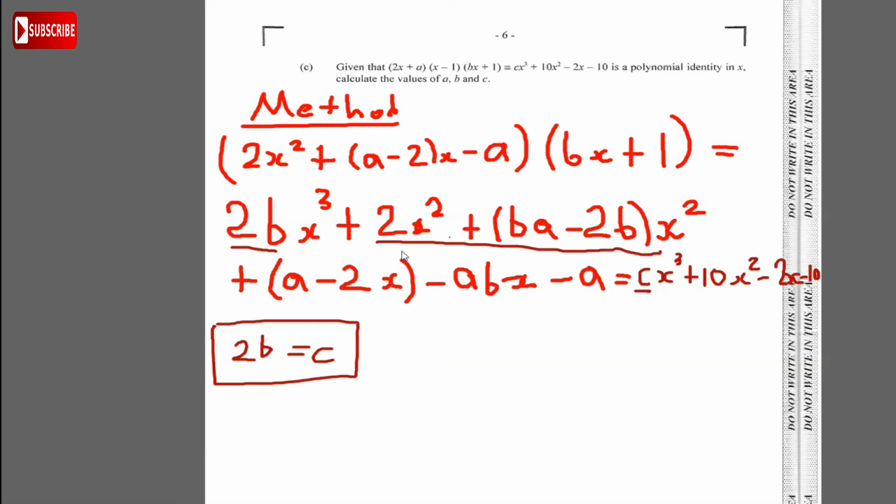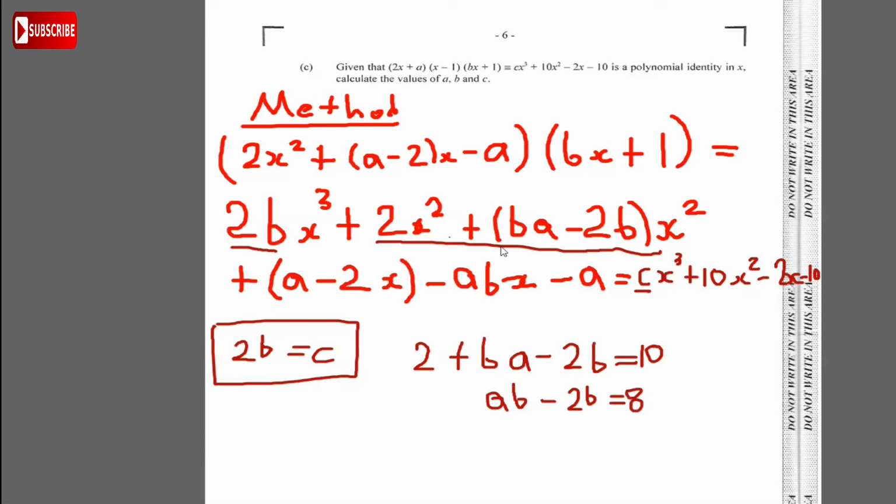So your x squared term is really 2 plus ba minus 2b. That's equal to 10. And so if you bring over the 2, you're getting ab minus 2b is equal to 8. That's what you're getting equating your x squared terms.